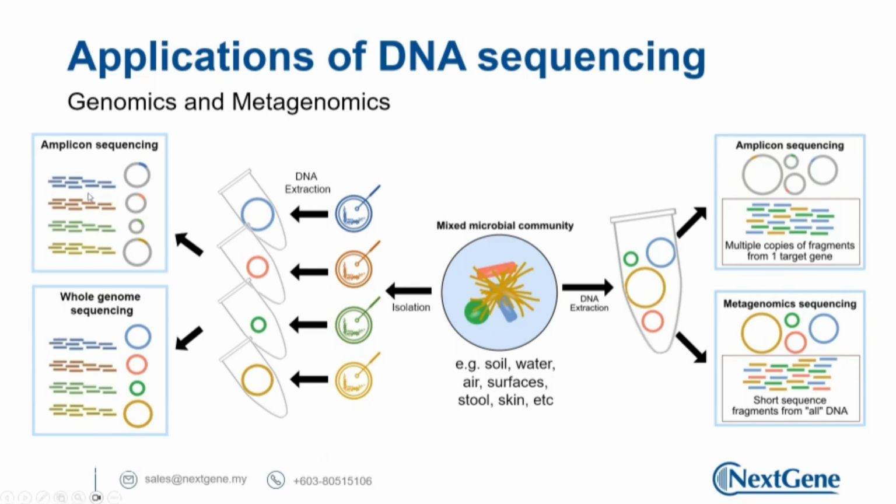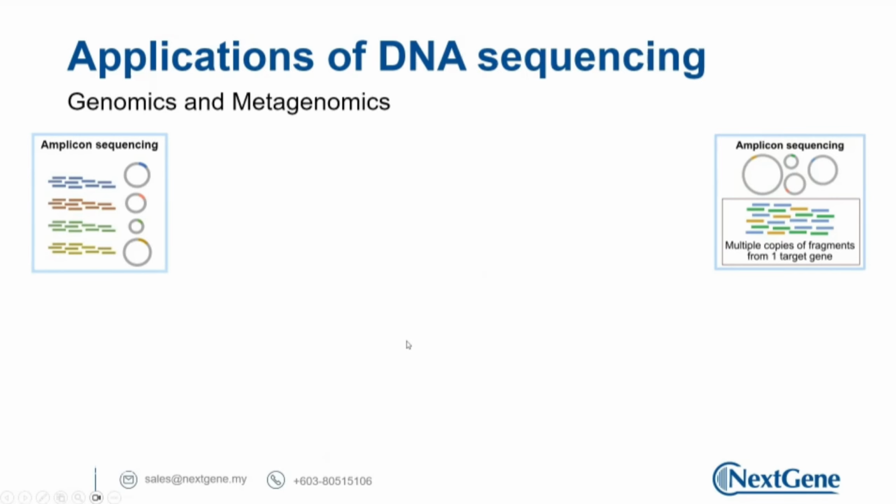So this week we'll be focusing on amplicon sequencing in the context of genomics. And the whole genome sequencing, the bacterial or microbial whole genome sequencing, we will go through in more detail next week. So back to this week, for this amplicon sequencing, I just want to clarify their differences.